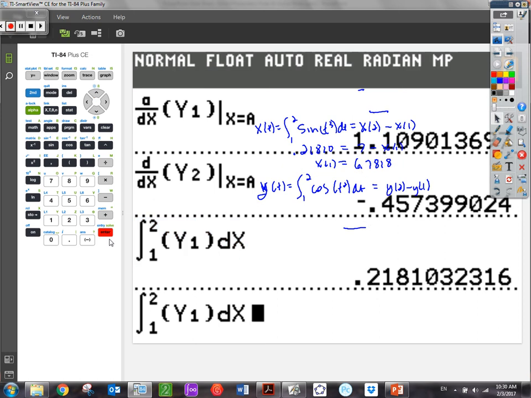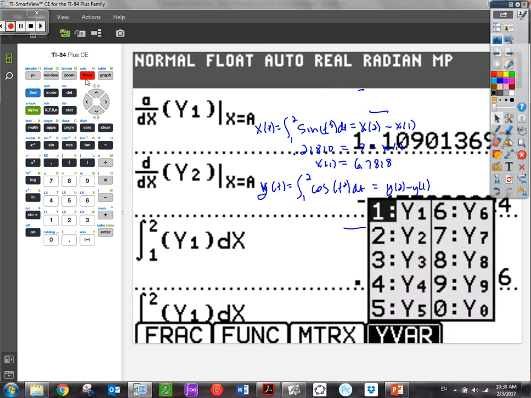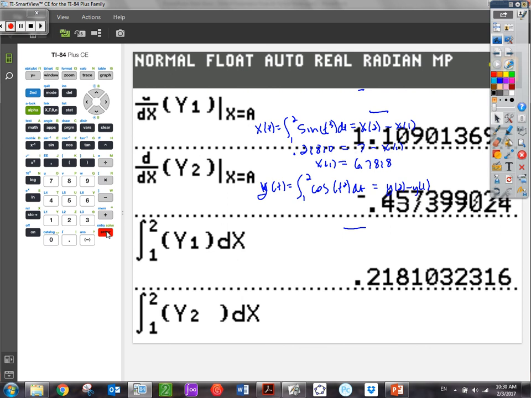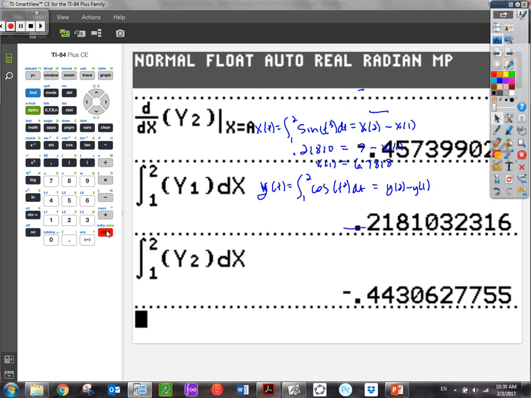That pulls that down, and then I can just scroll over and change the y1 to y2. Alpha trace. Our y2 is right there. Enter. Enter again. And that's our value, negative 0.44306.